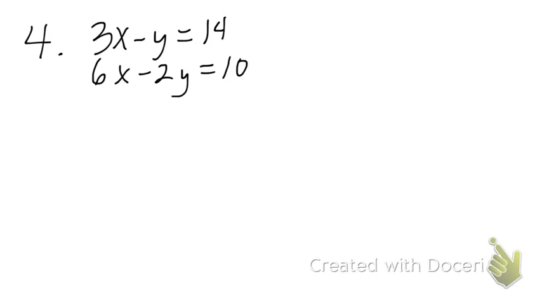Now this one's going to be a little bit harder to solve for y. What you're really looking for is a 1x or a 1y somewhere. And sometimes you have more than one option. We could solve for any variable, but it may not be a good choice. Notice here we have a negative 1y. So let's solve the first equation for y.